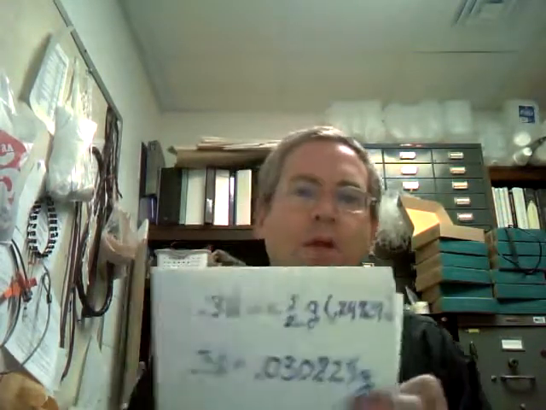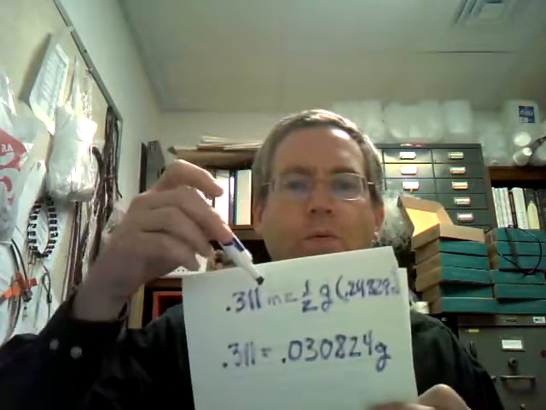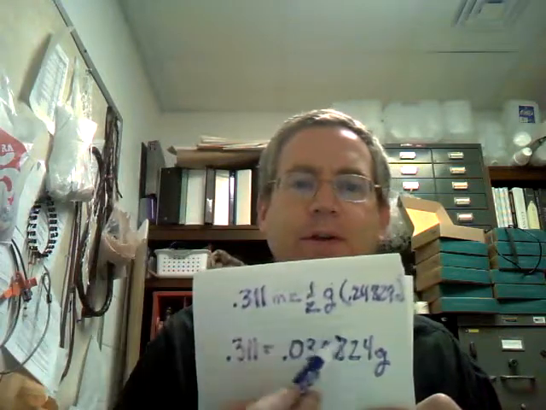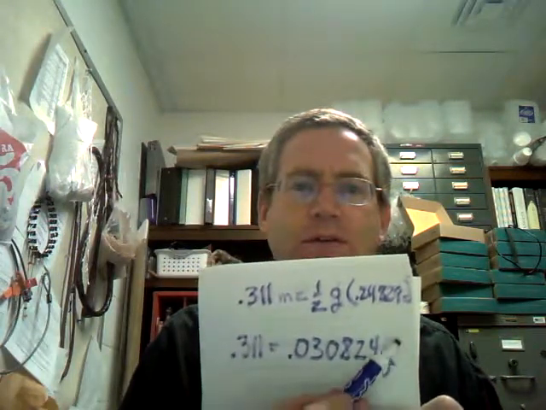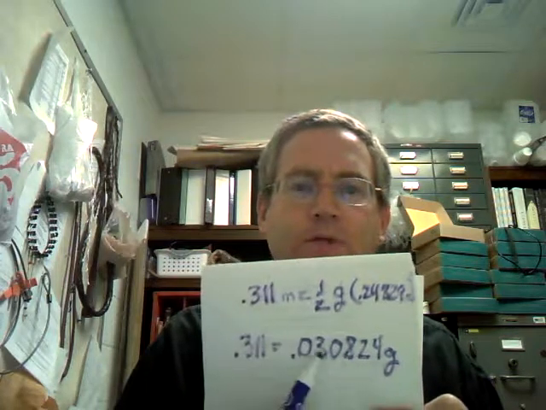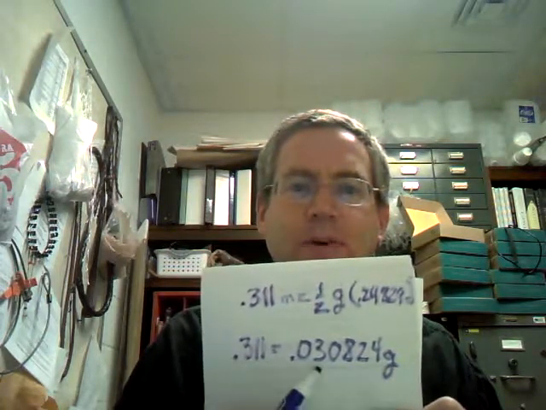And so my equation becomes 0.311 is equal to 0.030824 g. When I do the 1/2 times the time squared, I get this number right here. And g right there is not grams. g stands for the acceleration due to gravity, the same g as right there. If I want to solve for g, I have to divide both sides by the coefficient, 0.030824.